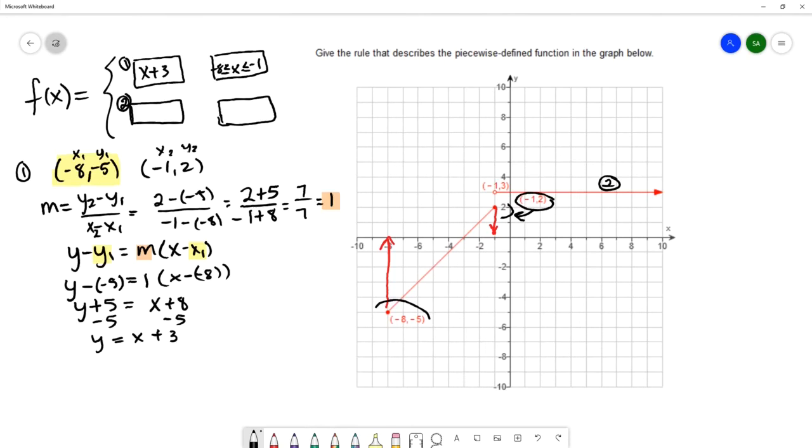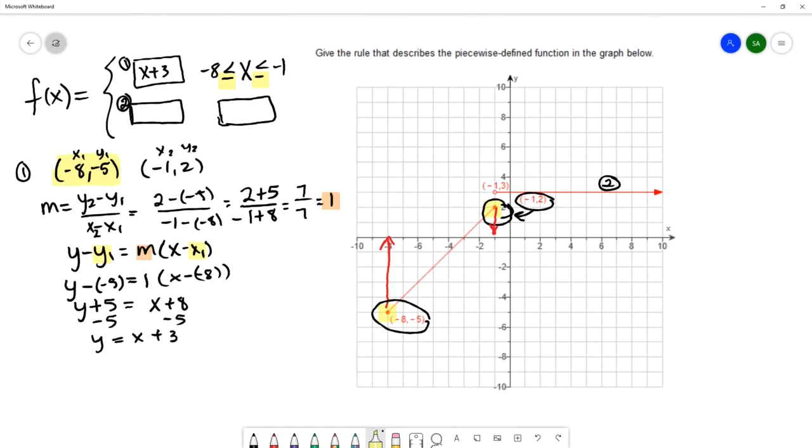You'll notice the endpoints on these lines are filled in dots, and that's why when I put my conditions here, I use the equal to. Let me write this a little bit bigger so you can see it better. X is in between negative 8 and negative 1, and with these equal to's here, I've included the endpoints of that line.